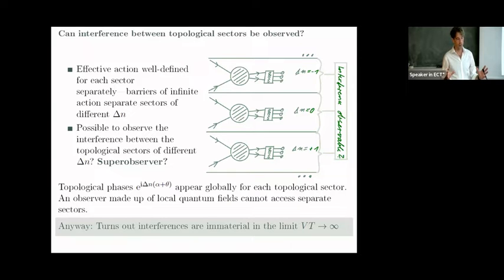And they are none the wiser about whatever happens in the other sector. So they're completely independent. Of course, you can still compare the correlation function in each of these sectors, and then interfere them at the end of the day.